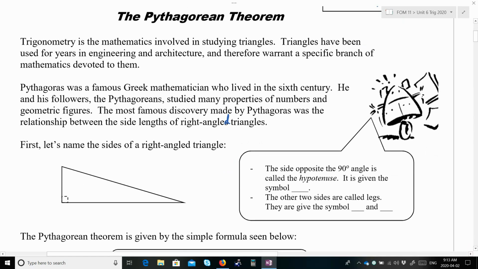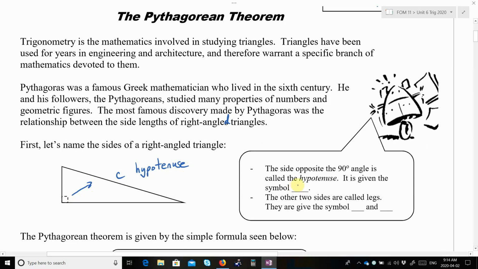First, let's name the sides of a right-angled triangle. The one that's across from the 90-degree angle is given the letter C, and it's actually called the hypotenuse. And you can see in this bubble over here, it reiterates that the side opposite the 90-degree angle is called the hypotenuse.